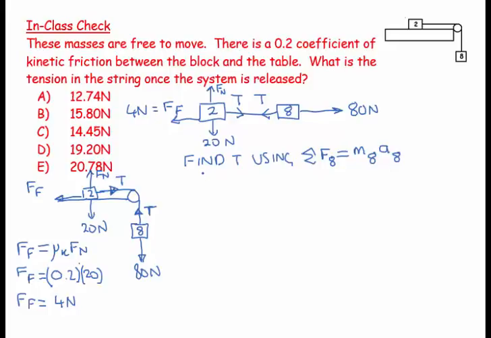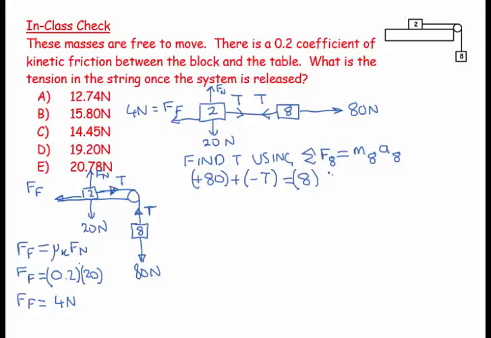Now I've got to do the math, and I say, plus 80. That's one external force on the 8. What else is happening to this guy? We have another external force pointing in the negative direction, so we add that as minus T, equal to the mass of the 8, which is 8, times the acceleration of the 8.